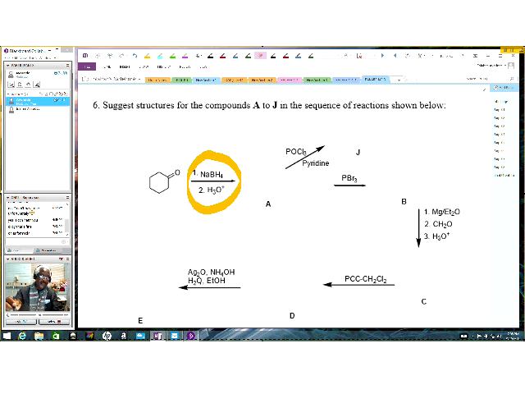Okay, very good, excellent. In other words, what you are saying is that sodium borohydride will transform a ketone into a secondary alcohol. Very good. So let us write the product here.